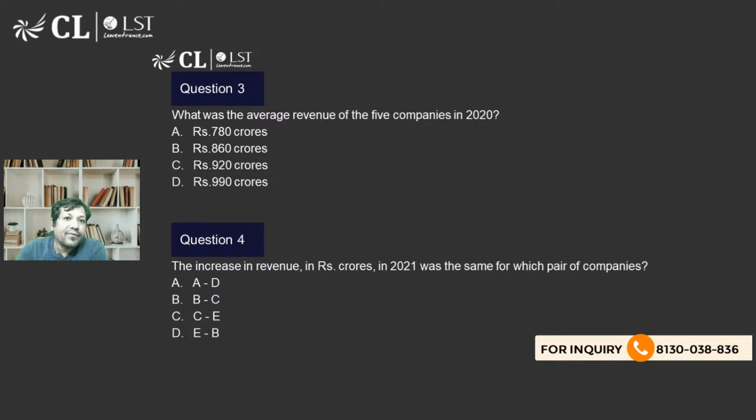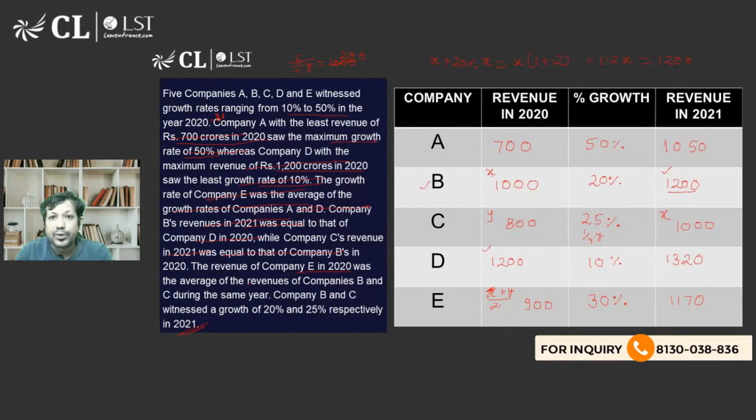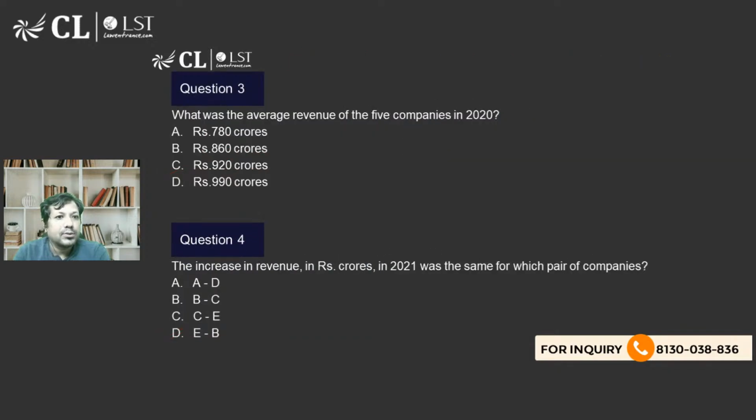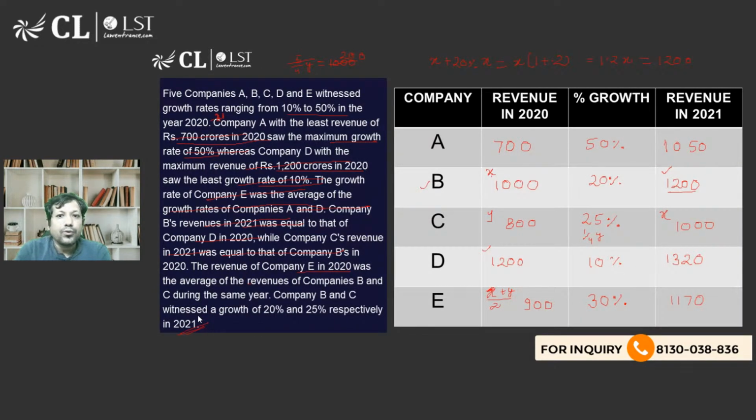So what is the average revenue of 5 companies in 2020? How are we going to find out? Can I tell you a different technique to calculate the average a little faster?